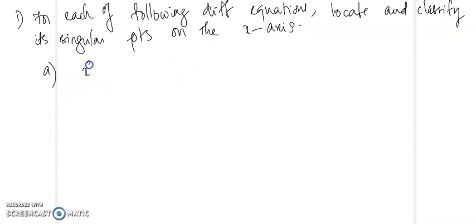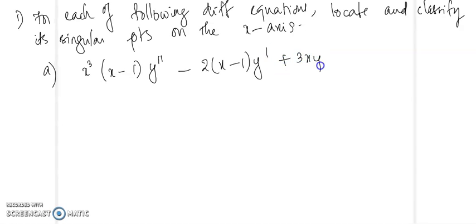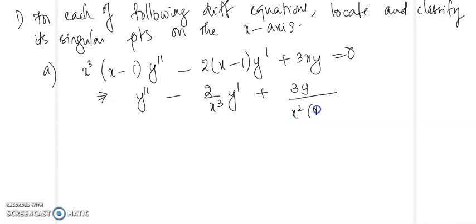So here x cubed into x minus 1 y double dash minus 2x minus 1 y dash plus 3xy equals 0. The equation can be rewritten as y double dash minus 2 by x cubed y dash plus 3y by x squared into x minus 1 equals 0.